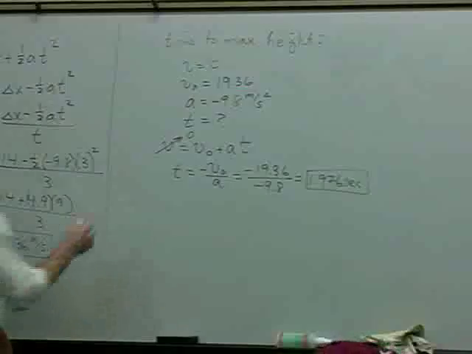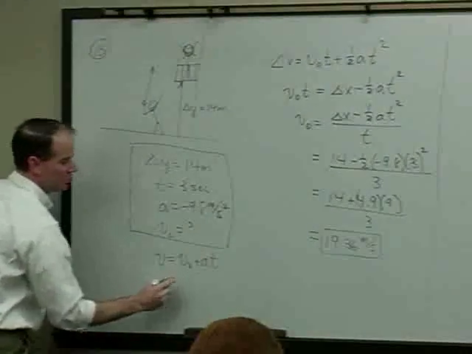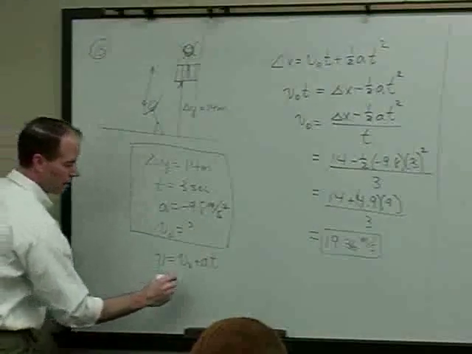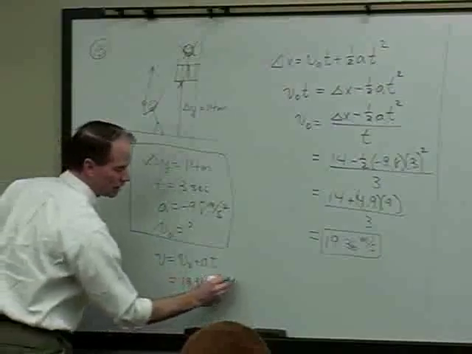Let's try that. We start from our original data over here. And I would say that final velocity equals initial velocity plus acceleration times time. That would be equal to 19.36 plus negative 9.8 times 3.